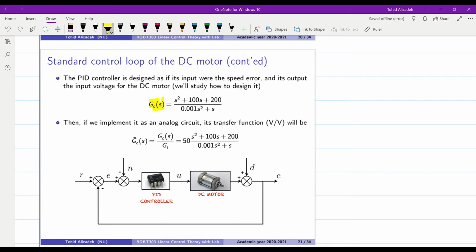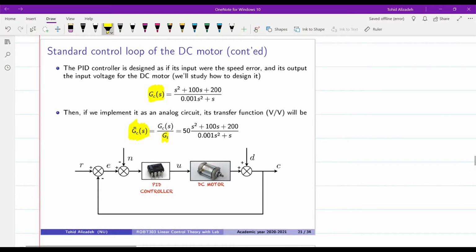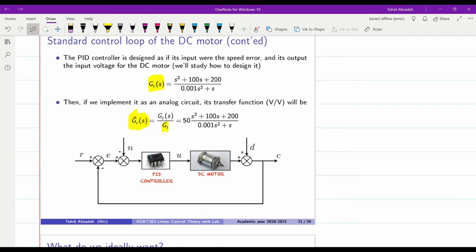Then if we implement it as an analog signal, now this is something that you should keep in mind, we should consider the effect of GT. So GC bar will be the controller that we are going to implement, and GC is the controller which is obtained, let's say, once someone wanted to design the controller in order to control the behavior of the DC motor.